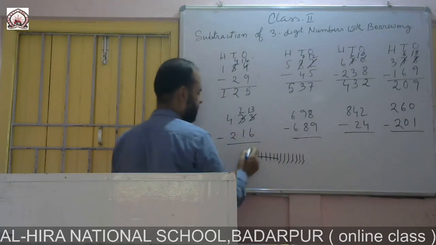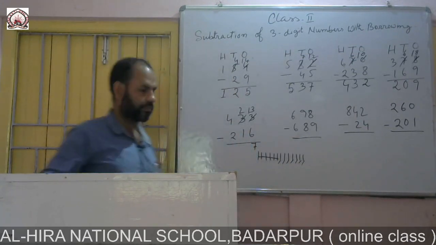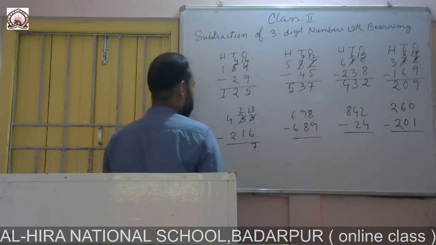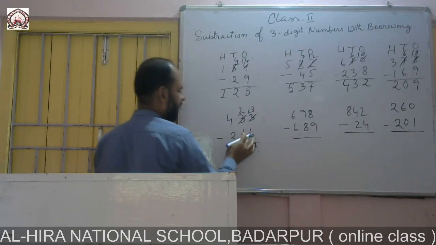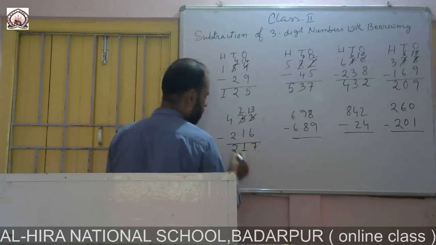So 13 minus 6 is equal to 7. Next, here remains 2. 2 minus 1 is 1, and 4 minus 2 is 2.